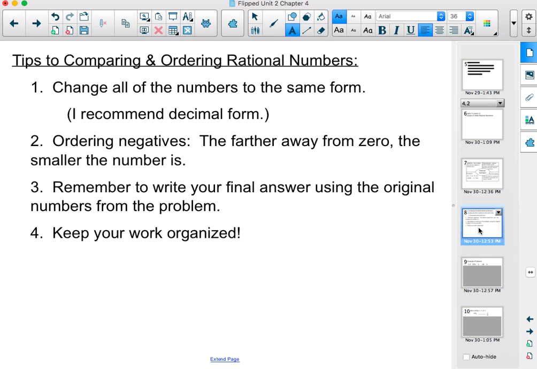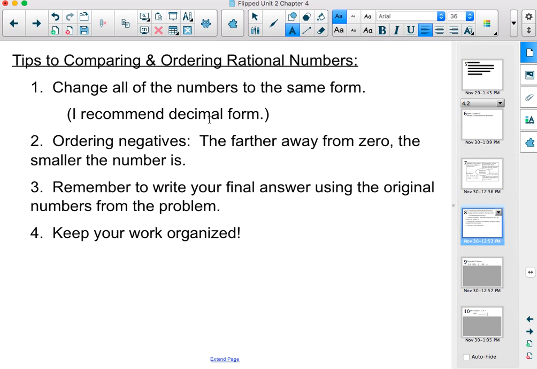So next we have tips to comparing and ordering rational numbers. These are just some suggestions that I have to help make it easier for you. First, I want to make sure that you change all the numbers to the same form. It's really hard to compare a fraction with a decimal if they're not both written in the same form. And I, of course, recommend decimal form because I think it's the easiest to compare. It's also pretty easy to turn any number into a decimal.